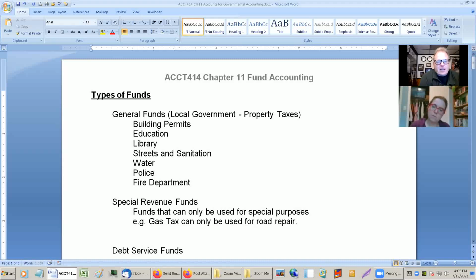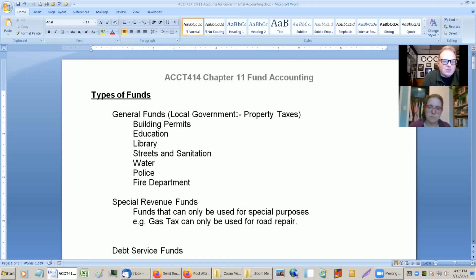So something like the gas tax, if you receive gas tax money, you can't use it for your library. Right. You can only use it to repair the roads. And so sometimes you hear, oh, the government has this money, but they can't pay it out. It's probably because it's a special fund.